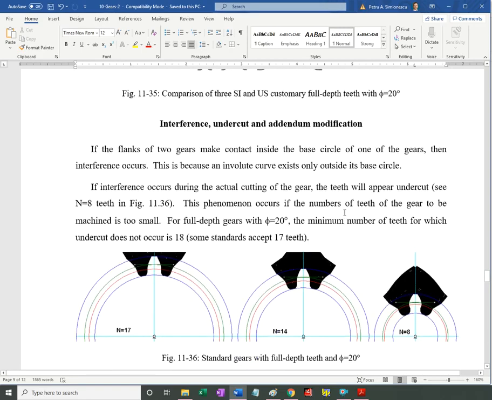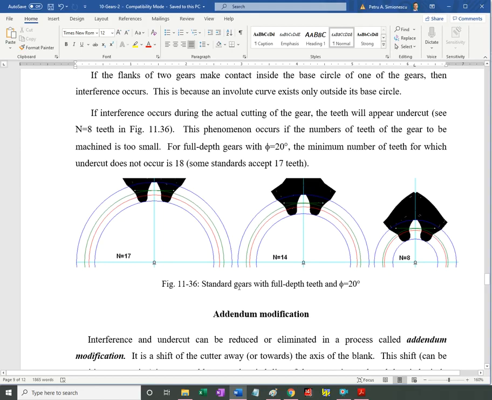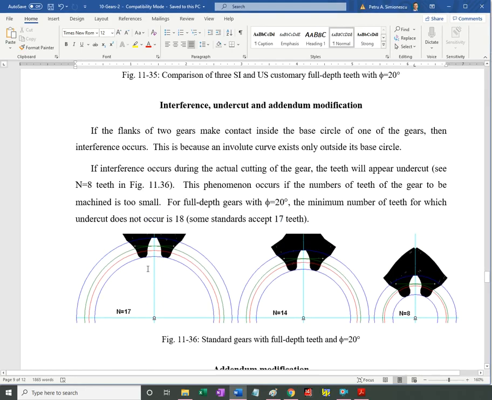We looked at undercut already, and we looked not explicitly at interference. So what's interference? It is when two gears generated by whatever process, you want them to mesh, and if teeth make contact outside of or inside of the base circle of one, then you can have interference.